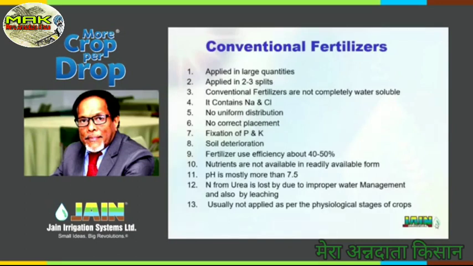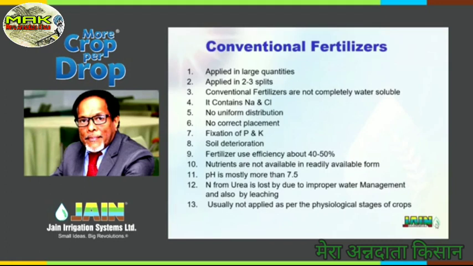As a result of all this fixation and non-utilization by the crop, the soil deteriorates. You make the soil more salt loaded or saline. And we get about 30, 40 or 50% fertilizer use efficiency. If you apply 100 kg, you get the worth of 40 kg.